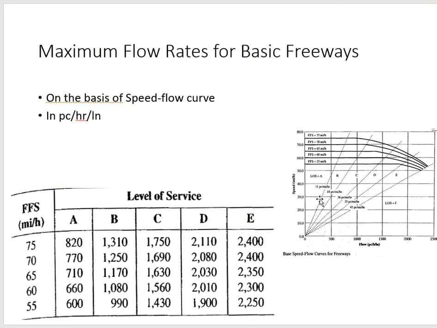But my free flow speed is how much? 65. It is already given. So why not use it? If I don't have to plot the curve, there's no extra work. So why not use the given values? For 65, the maximum service flow rates are these values.